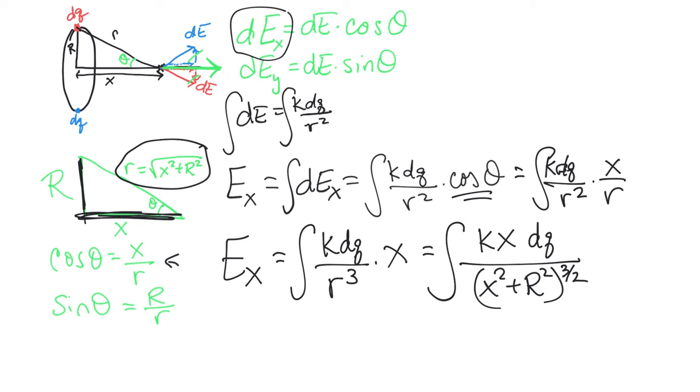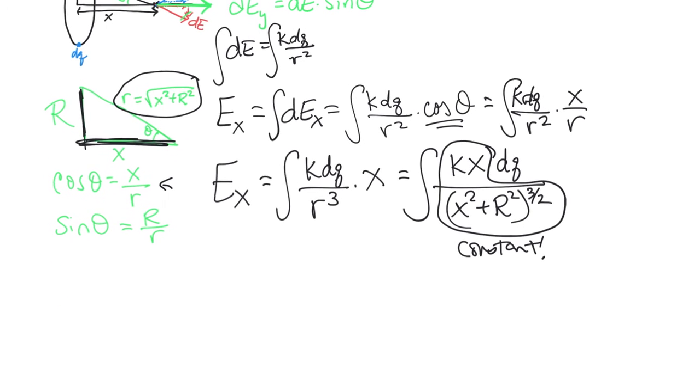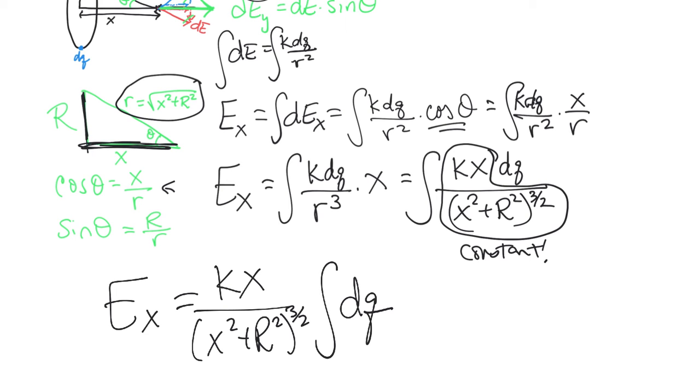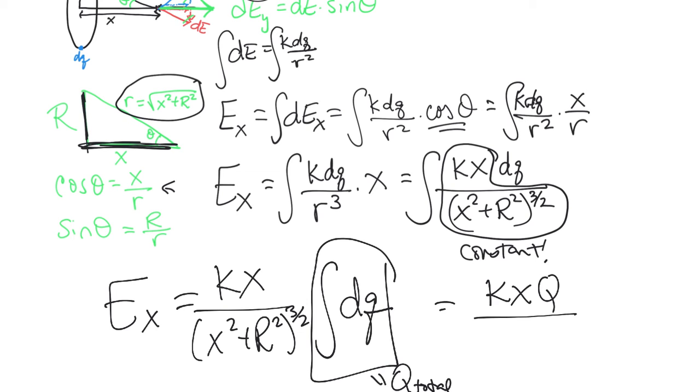Capital R is the radius of the ring. This whole entire beast is constant, which is awesome. So we get kx over x squared plus R squared to the 3/2 times the integral of dq. That one I can do. The integral of all the dq's is just the total Q, which was given. So your final answer is this bad boy.